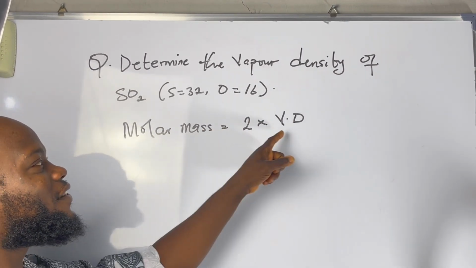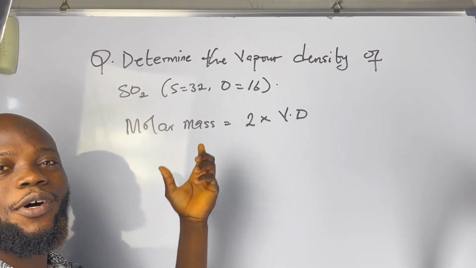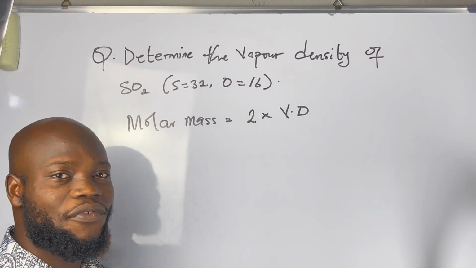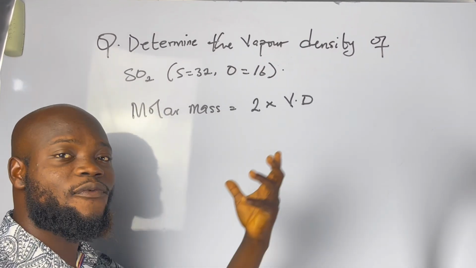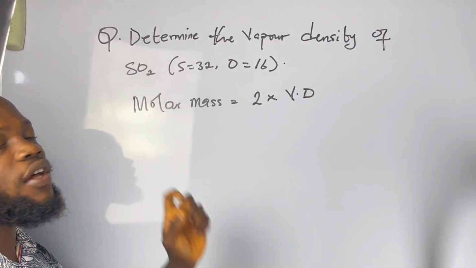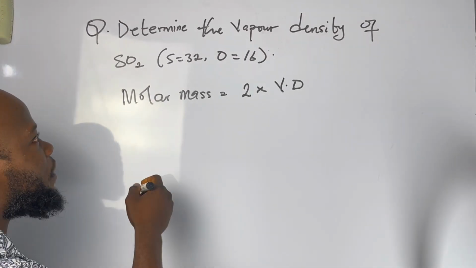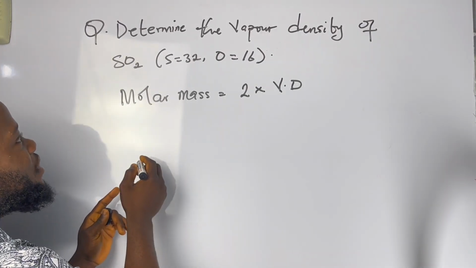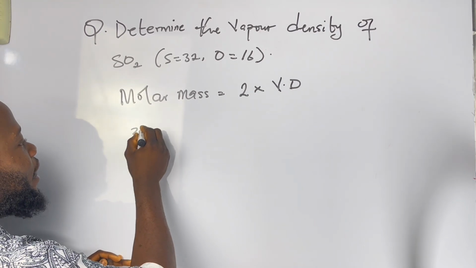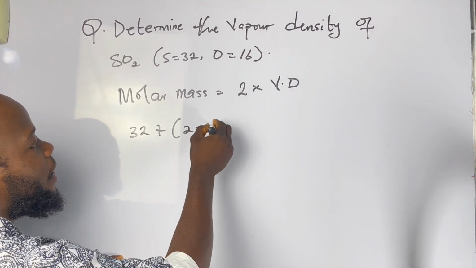But before we can get the vapor density, as you can see, we need to know the molar mass of the compound we are solving for its vapor density. So the first thing we need to do here is to solve the molar mass for SO2. How do we do it? The mass number for S is 32 plus O is 2 multiplied by 16.